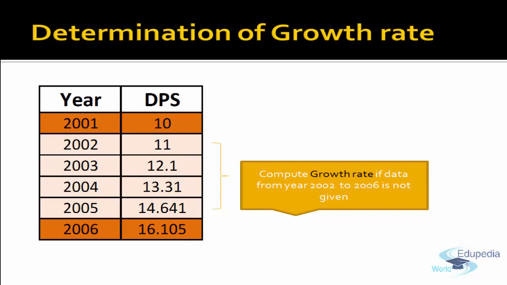But what if I'm not providing the data from 2002 to 2005? I've just given you the data highlighted in orange color. That is, in 2001, the dividend per share is 10, and in 2006, the dividend per share is 16.105. Now, can you determine the growth rate? The growth rate is constant for every year.